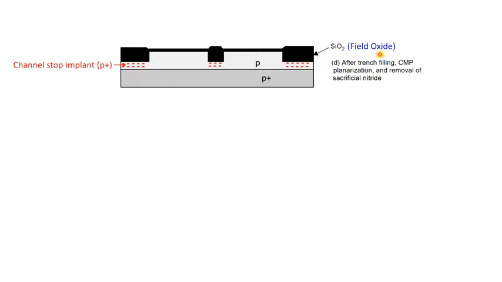On top of this field oxide, the metal line 1 will be sitting, and some of the metal lines are also connected to the supply voltages. So if you consider this structure, it forms a parasitic metal oxide semiconductor structure, and you don't want a channel to be formed here, because if a channel is formed here, it will impact the isolation between the transistor here and the adjacent transistor.